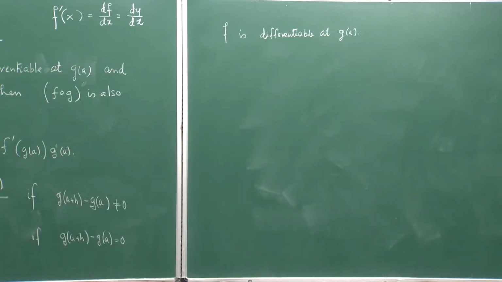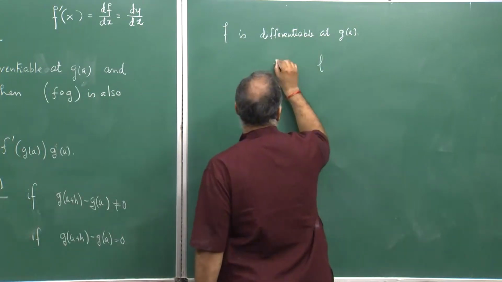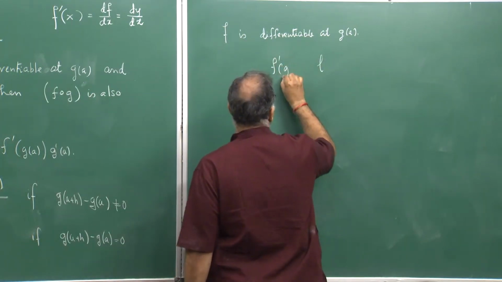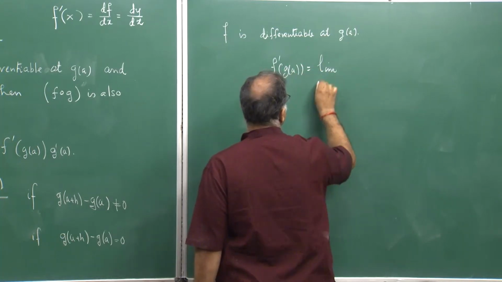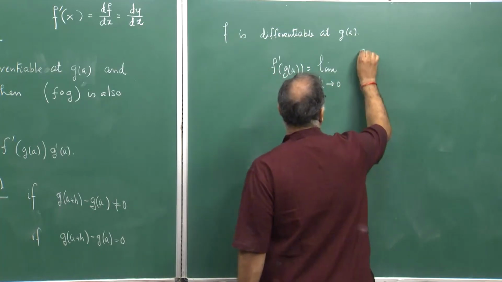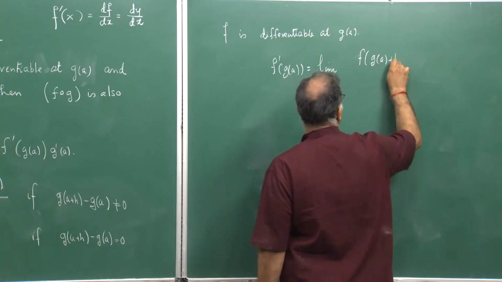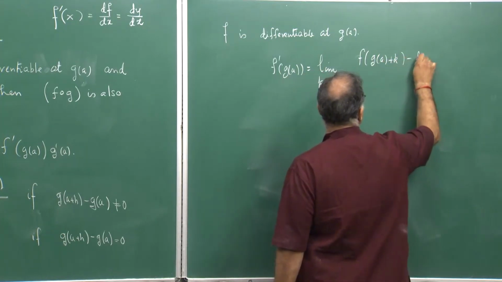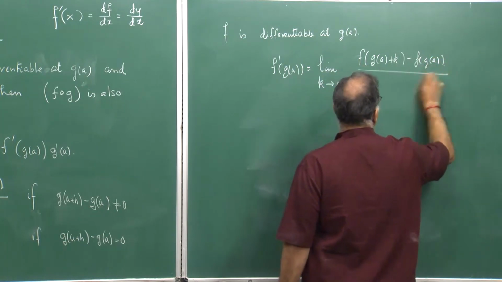So, what does it mean that f is differentiable at g(a)? It means the following: f dash of g(a) is equal to the limit as k tends to 0 of f of g(a) plus k minus f of g(a), by k.